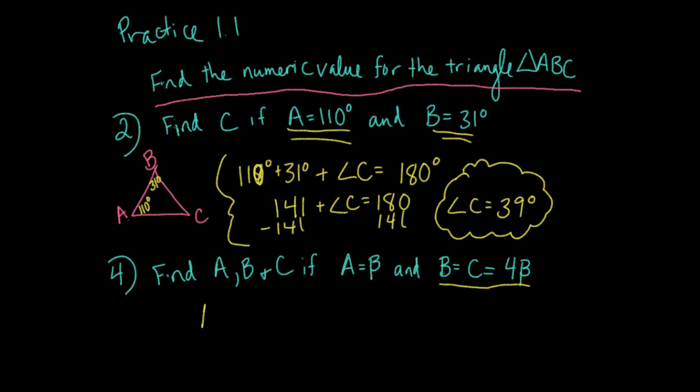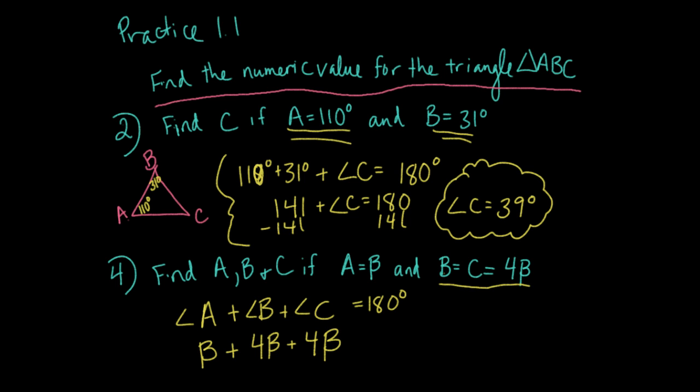I know that angle A plus B plus C is equal to 180 degrees. I'm going to substitute all of these angles in terms of beta. So angle A is equal to beta, plus angle B is equal to 4 beta, plus angle C is also equal to 4 beta. You're seeing some algebra here.